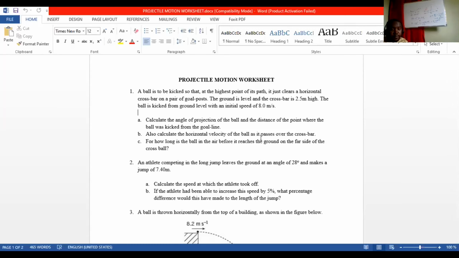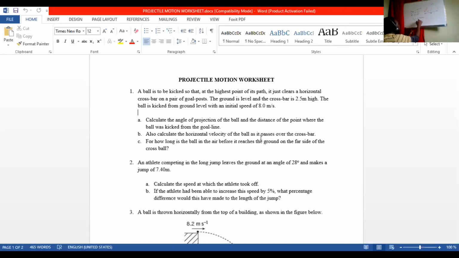Right, and then the next part B says calculate the horizontal velocity of the ball as it passes over the crossbar. Right, so our horizontal velocity here, which is the same horizontal velocity at any point because that velocity is constant. So in that case, we can find the velocity, so Vx at any point is V naught cos theta, right?